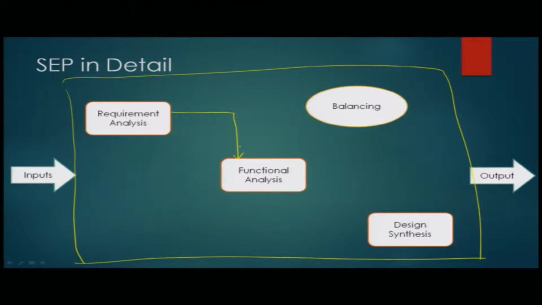So, the requirement is it is a long endurance, and the functional analysis is what is required to realize the long endurance: how many liters of fuel, what type of engine, what type of cooling system, what type of automated control, so that the remote pilot fatigue is not impacted.